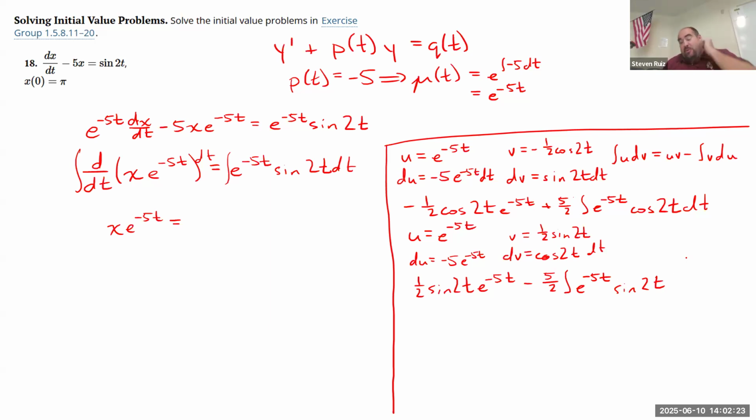So it looks like this integration by parts is just going to kind of bounce back and forth forever. Unfortunately, it's not going to, and let me show you why.